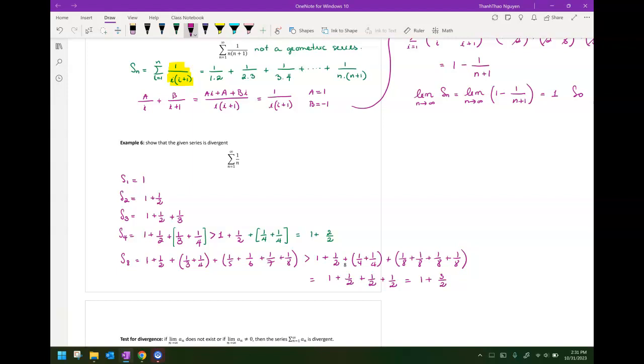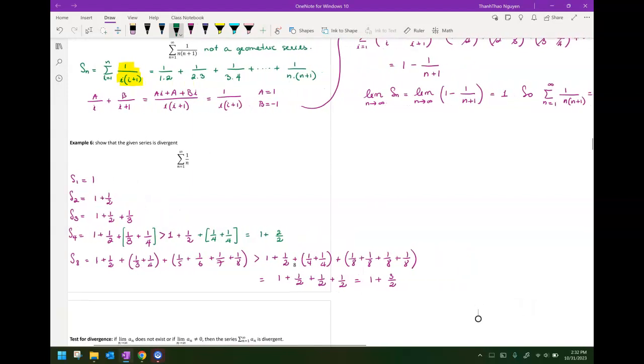So if you continue adding this, you can see that in general, this sequence s sub 2 to the n is greater than 1 plus n over 2.